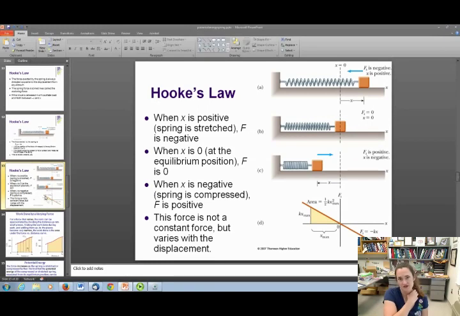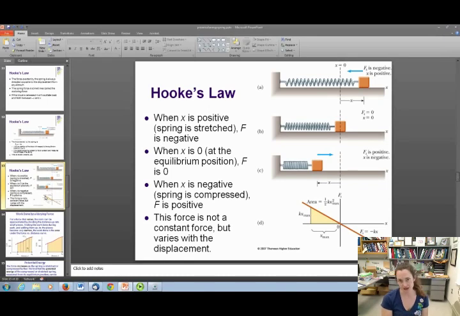If you use the F equals negative kx equation, you can see that if x is the displacement from equilibrium, and it's at equilibrium, the force is 0. So you've got no force at the equilibrium position. And then when x is negative and the spring is compressed, the force is to the right, so it's positive. So that's why that minus sign is in Hooke's law, F is equal to negative kx, because you always want your force in the opposite direction to your displacement.